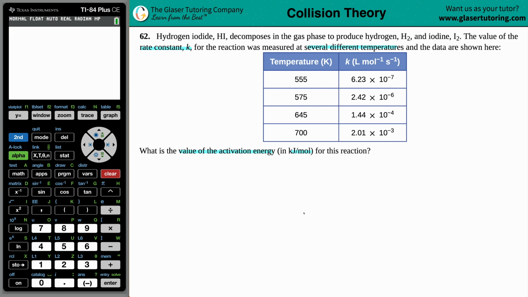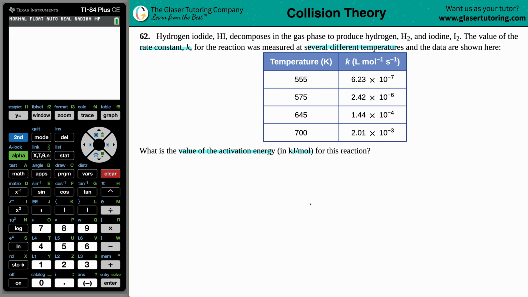Now, there's a couple of ways to do this type of problem, especially if they give you temperature and rate constant data. One way would be to do the full scope of this, where we would have to graph these values on our trusted calculator, or draw it out on paper. But there is an easier way, which we are going to do today, and it's always coming back to a formula.